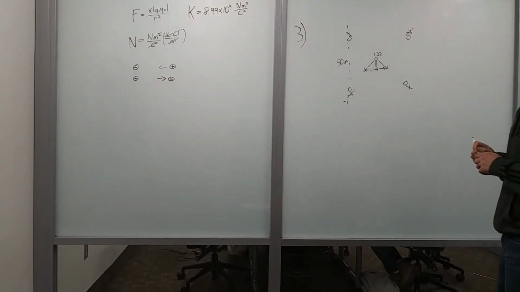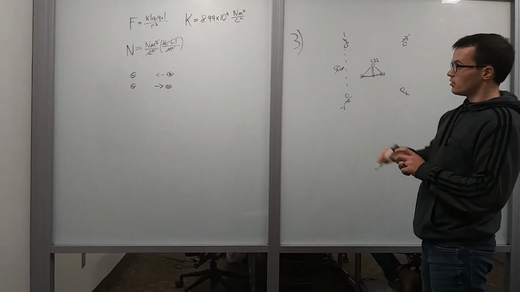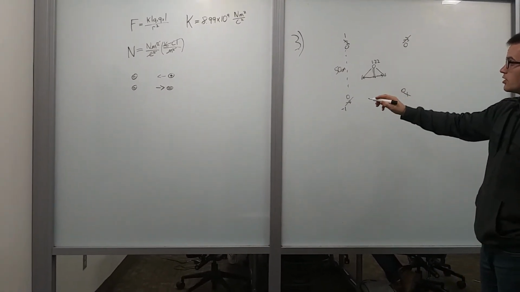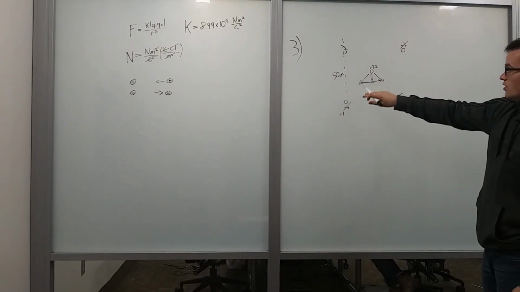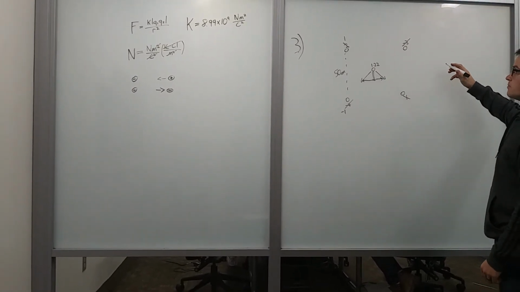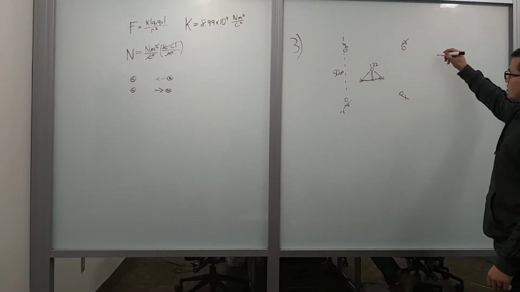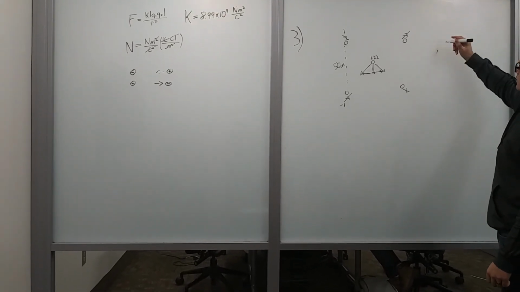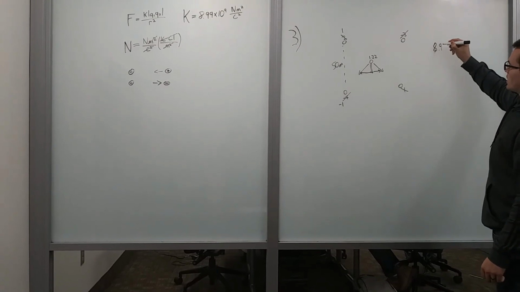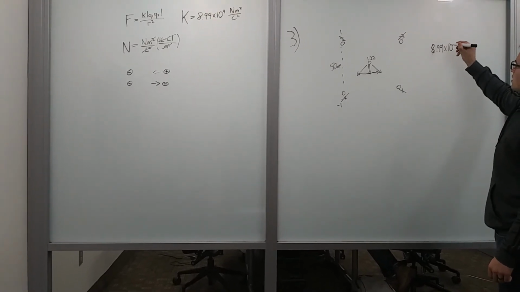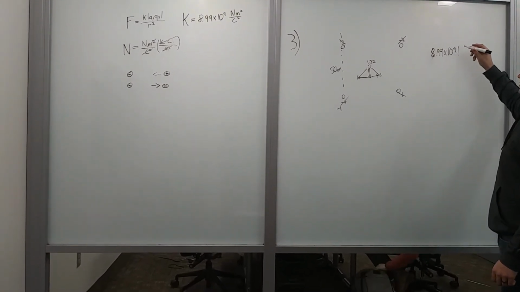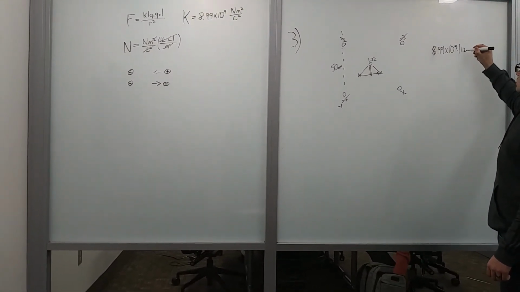Now, in order to find all the variables we need, we already have Q1 and Q2 for these two different vectors. So if we plug those in, I'm just going to write the value for k again, 8.99 times 10 to the 9th times the absolute value of 1.22.